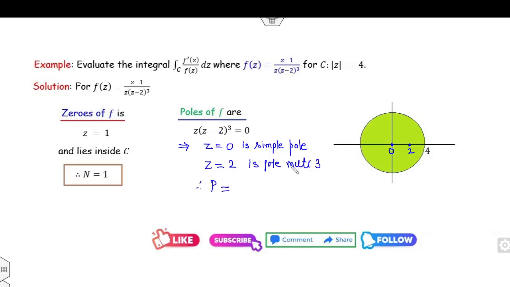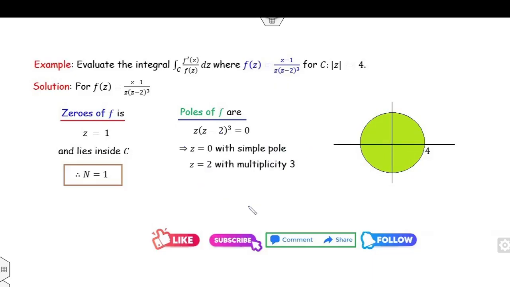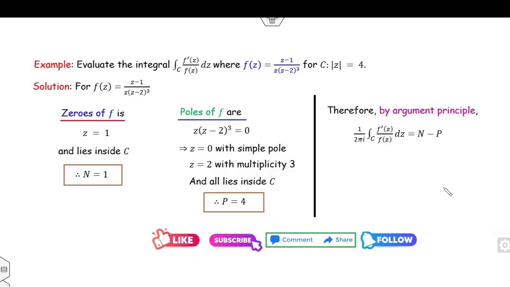So the number of poles: 0 is simple and 2 has multiplicity 3, so the answer is P is equal to 4. I can substitute both values by the argument principle. The answer is 1 minus 4, which is minus 3. So I multiply by 2 pi iota. The integral of f dash over f is minus 6 pi iota, which is the right answer.